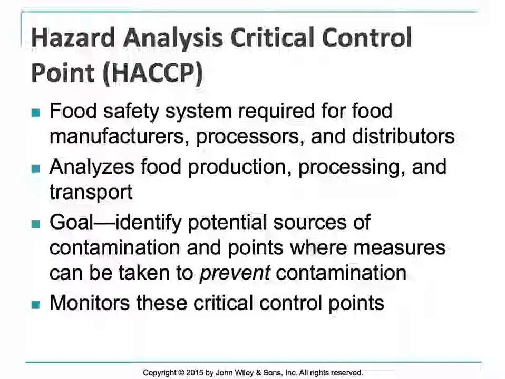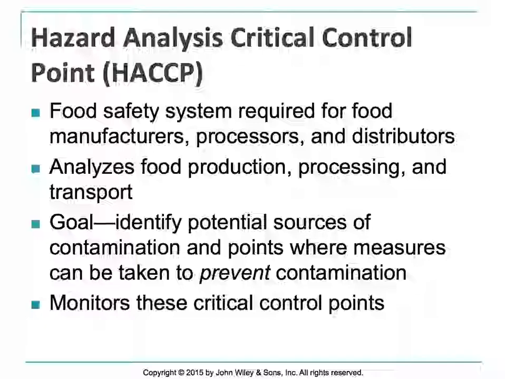When it comes to food safety, oftentimes at each step in that process, whether it's at the farm, processing, transportation, they often use a plan known as HACCP, and HACCP stands for Hazard Analysis and Critical Control Point.